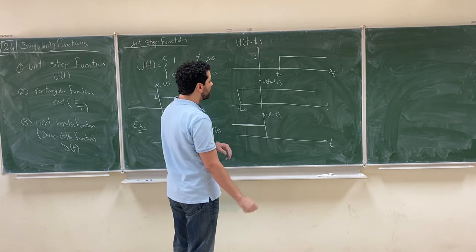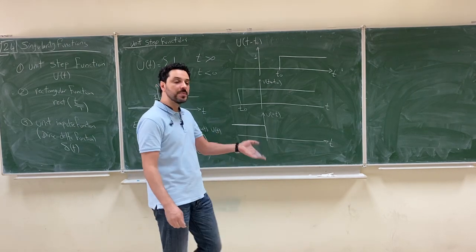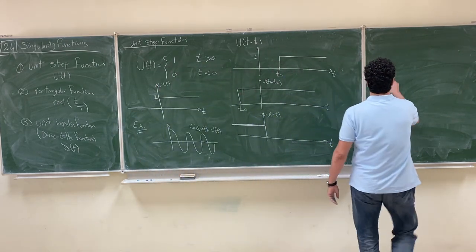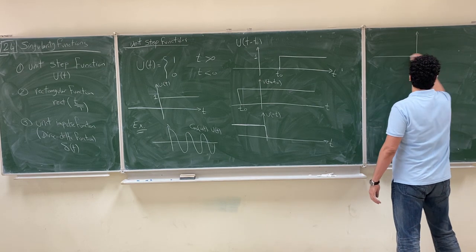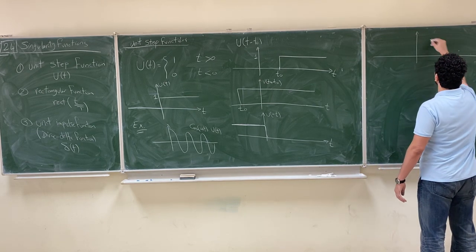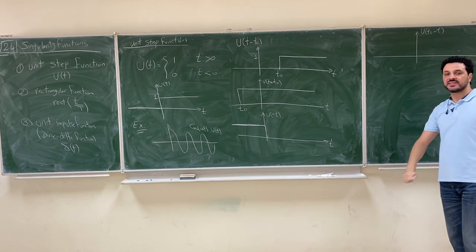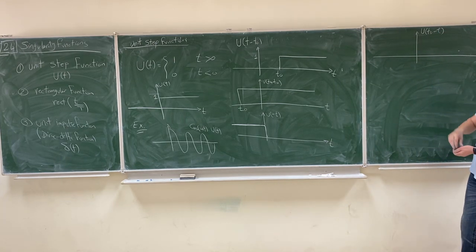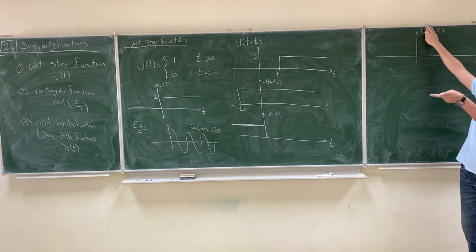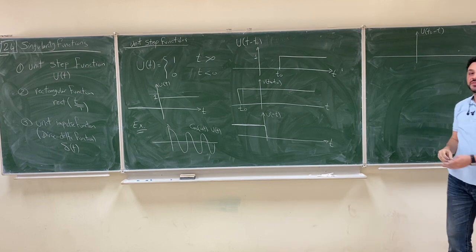What about u of t naught minus t? How does it look like? Think about it. U of t naught minus t, unit step of t naught minus t. This is reversed. Now we replace t with minus t, so it's time reversed, and then we replace t with t minus t naught, so it's shifted right.